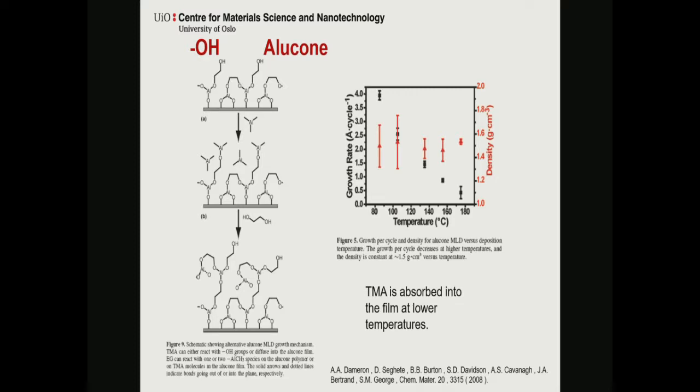They do react when taken out. They are not stable. And you do have the possibility to get double reactions on the surface. You have a drop in growth with an increase in temperature again. And there are some hints that you absorb and you don't get complete reaction of the TMA, particularly at lower temperature.